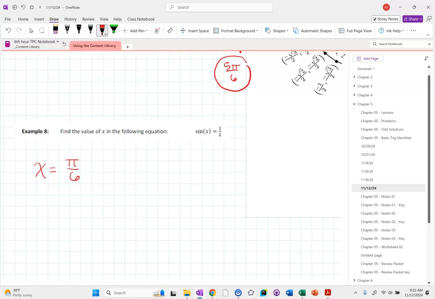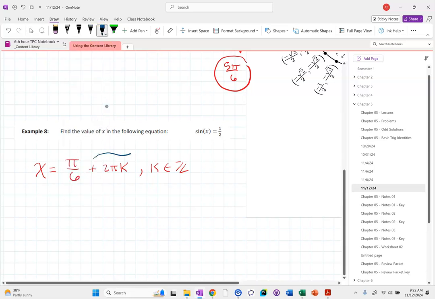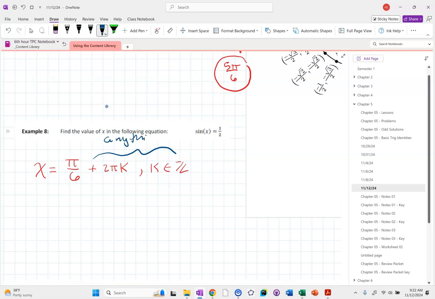So how do I write anything coterminal to it in symbols? We say plus 2 pi k, where k is an integer. So that's just the notation of saying pi over 6 and anything coterminal to it.